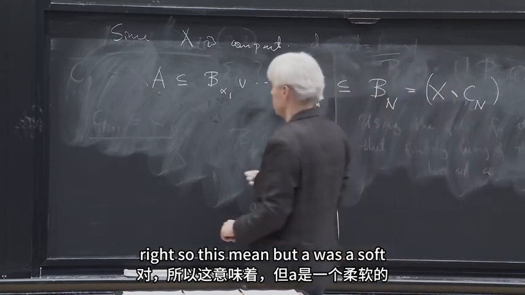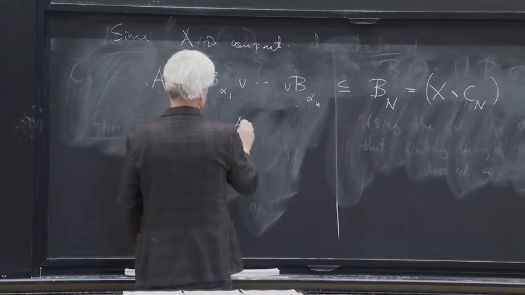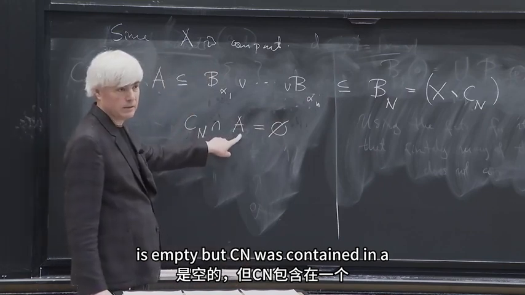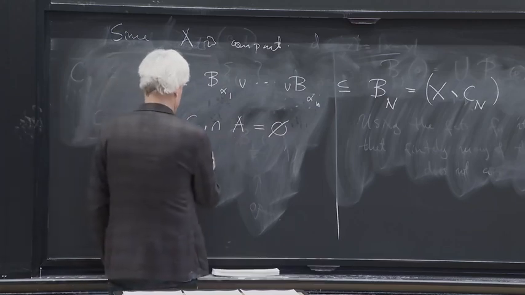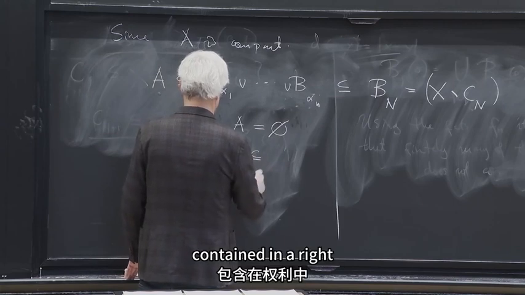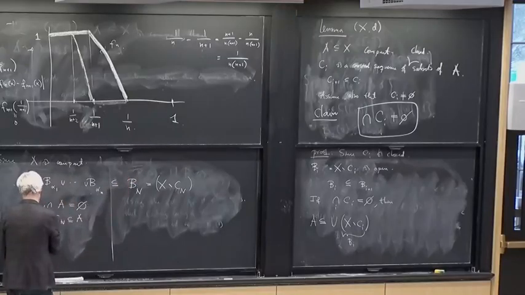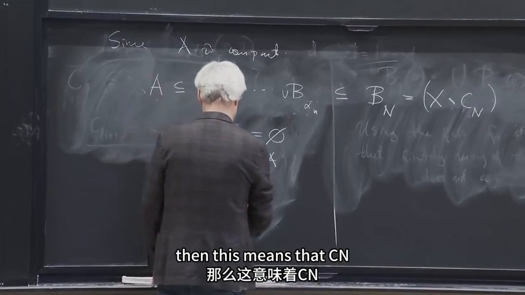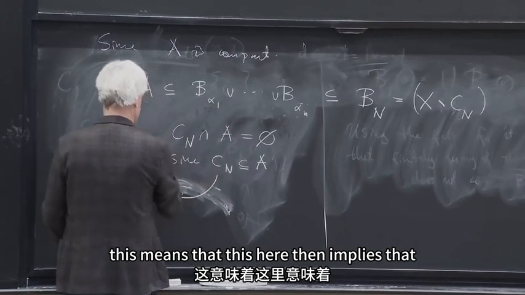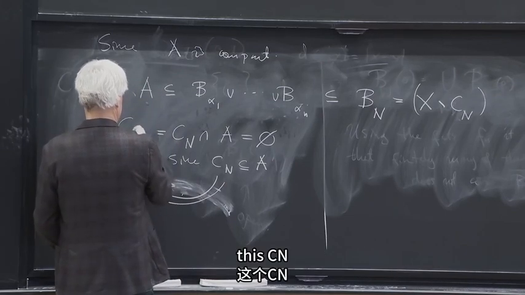So Cn intersected with A is empty, but Cn was contained in A. These were subsets of A. So this implies that this thing here is Cn.